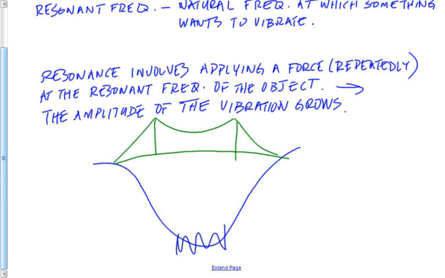What happens? The amplitude of vibration of the bridge got bigger and bigger and bigger until at some point the bridge couldn't hold it anymore. What happened to the bridge? Just like the glass, it breaks. It falls down. And the bridge literally crumpled down.